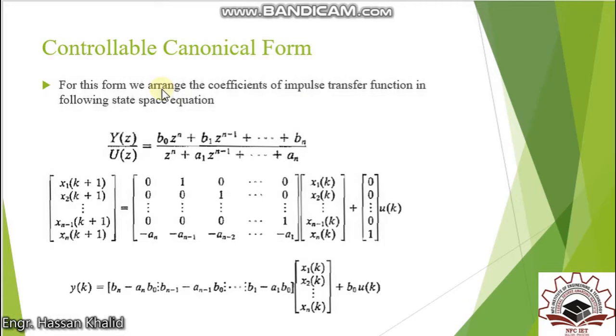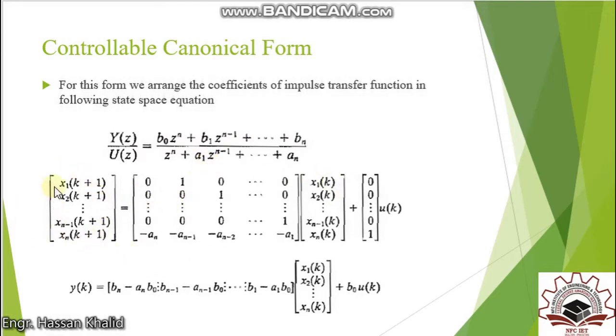Now in the controllable canonical form we will use the pulse transfer function as a reference, and we will try to arrange the coefficients of the numerator and denominator to form our controllable canonical form.